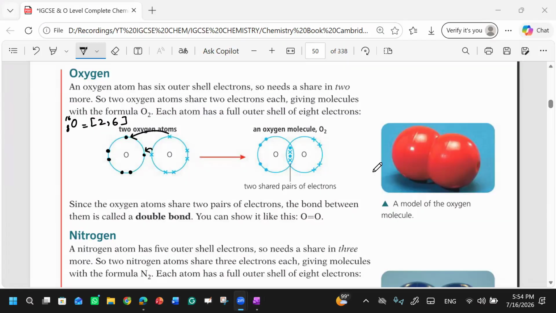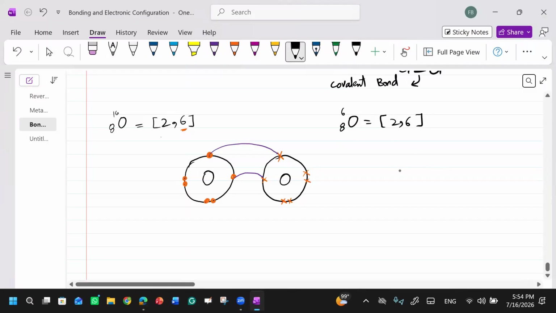How is the bonding happening? Because these are present in free form, they don't have pairing, so they will combine with each other. This is how you will show the bonding. You will make an intersection area. Intersection means a common area.